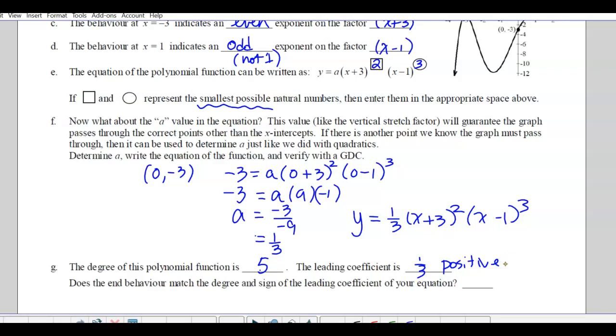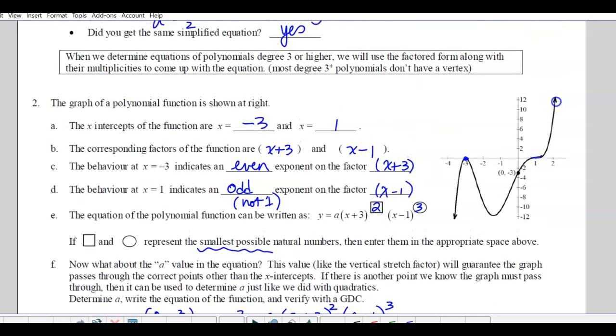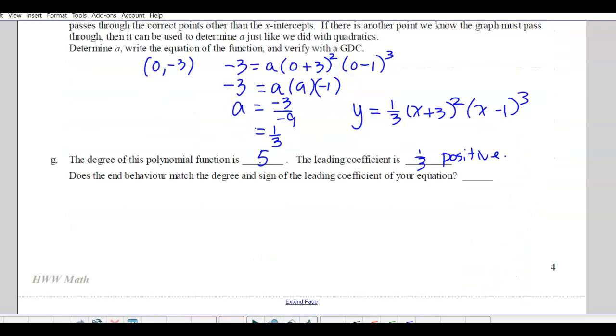Okay, does the end behavior match the degree and sign of the leading coefficient of your equation? So take a look, it's going up and to the right. We had a positive leading coefficient, makes sense. It's an odd degree, so it should then go, as they call it, disco moves in the diagonal quadrant, so it sure does.